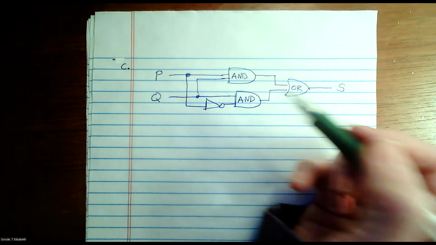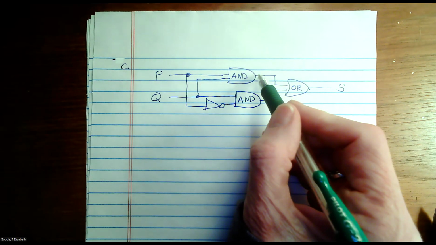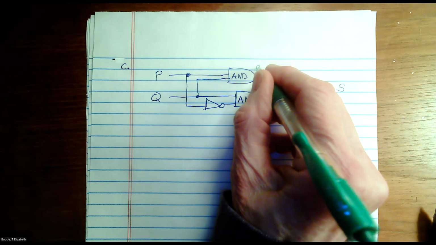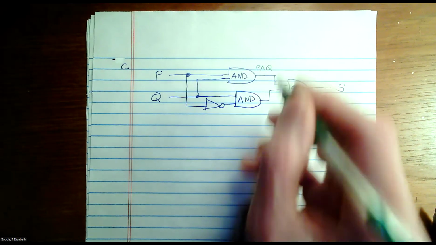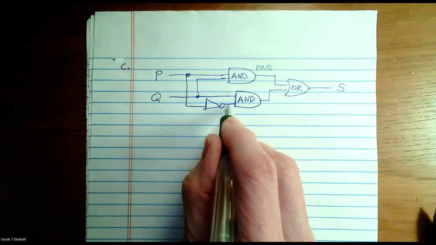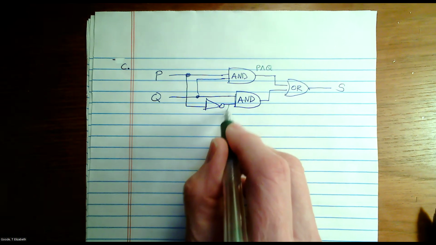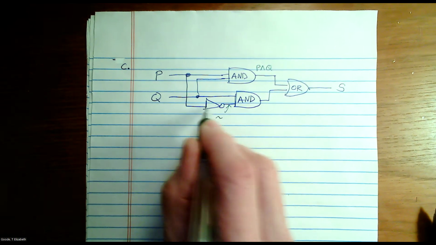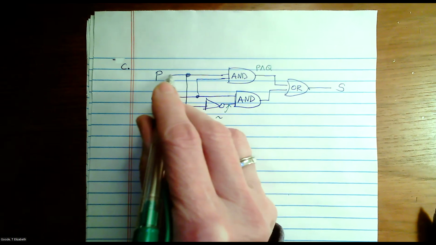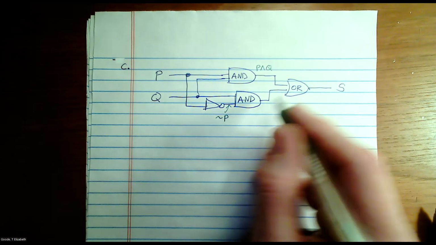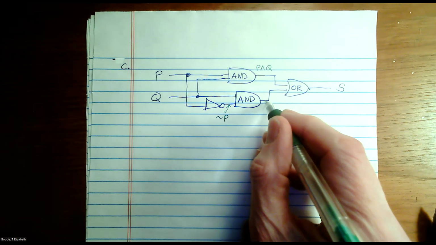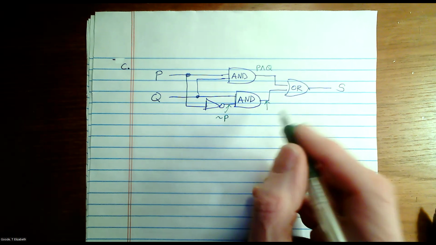The first output for the first AND gate is P and Q. It sure is. And the second, that's not Q. Oh, not P. Not P. Good. So what's the output from this AND gate?